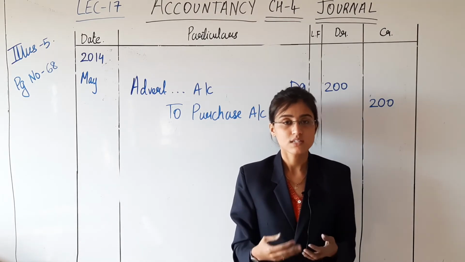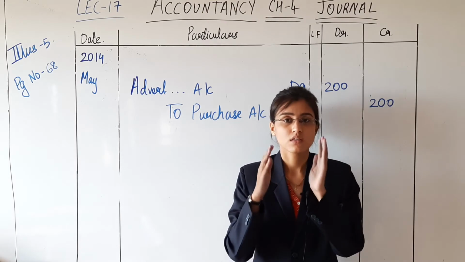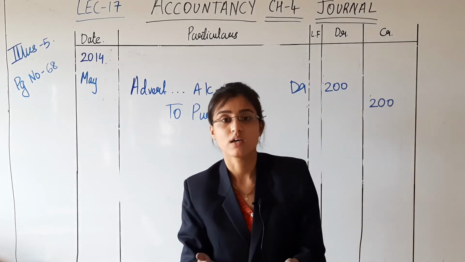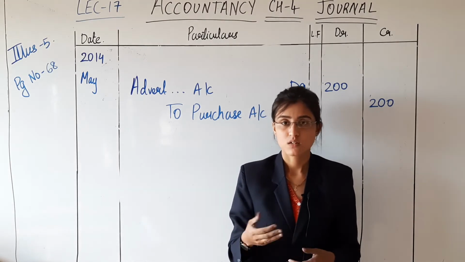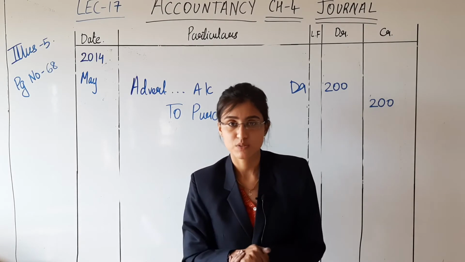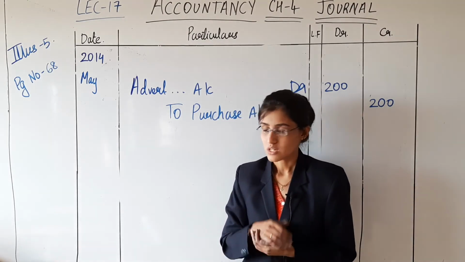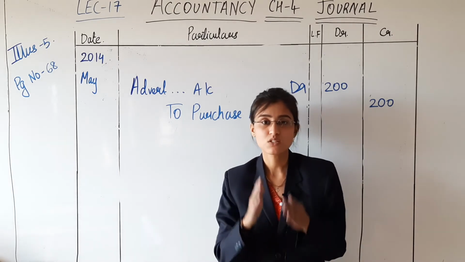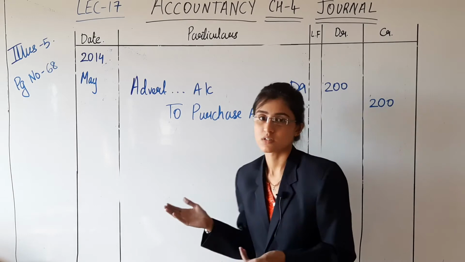Because in that chapter it is clearly mentioned that this is to be debited, this is to be credited, and why, with a brief explanation. If you remember the sums we have done, you'll mention the type of the account and you'll be giving a brief explanation along. So that's what I'm trying to say. Please go through that chapter, and then only you will be able to understand this.